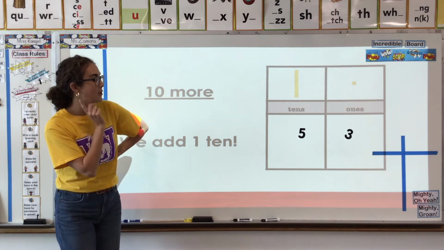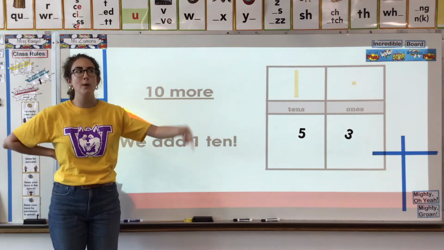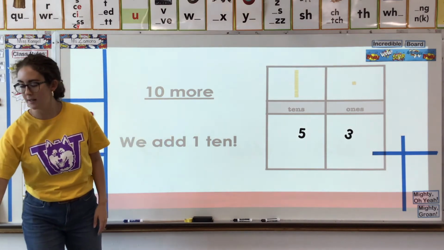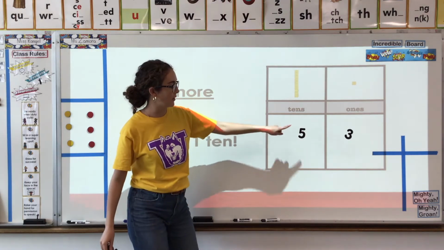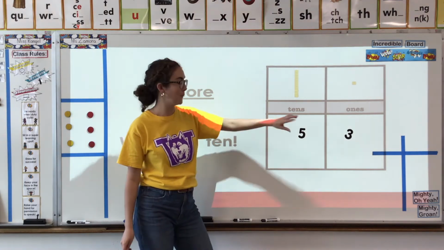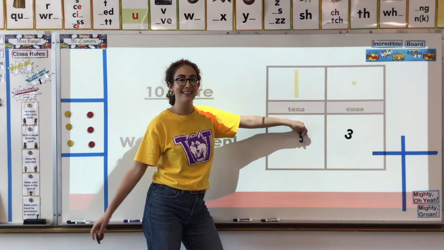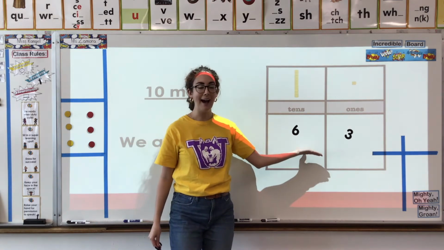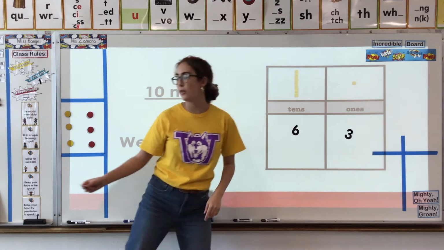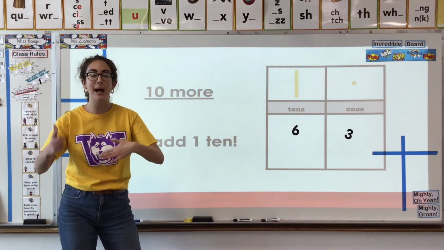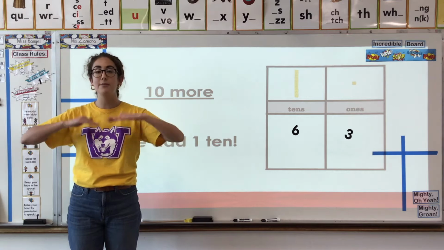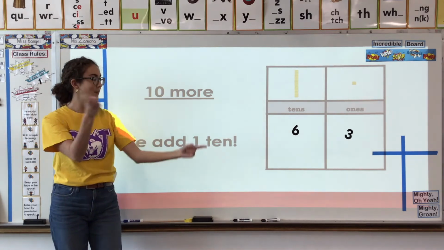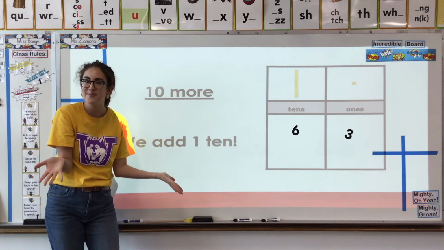So in 53, what's 10 more than 53? We're going to add 10. We would have 6 tens, and 10 more would be 63. We skip counted up 1. We went from 53 to 63 by adding 10 more, which is 10.